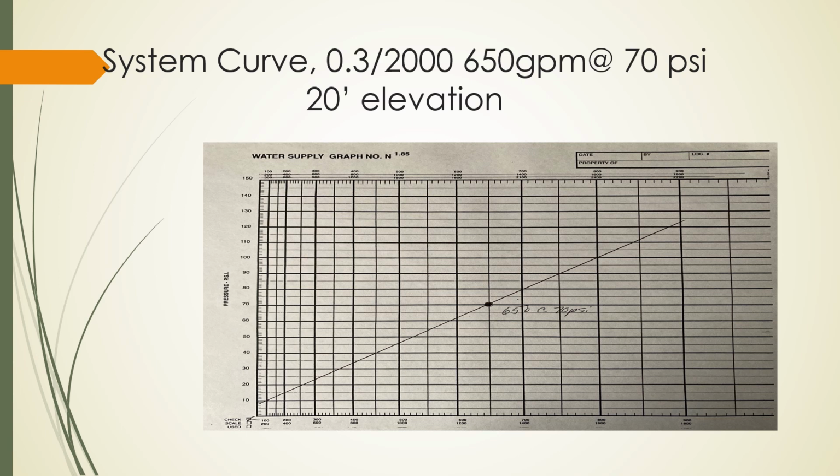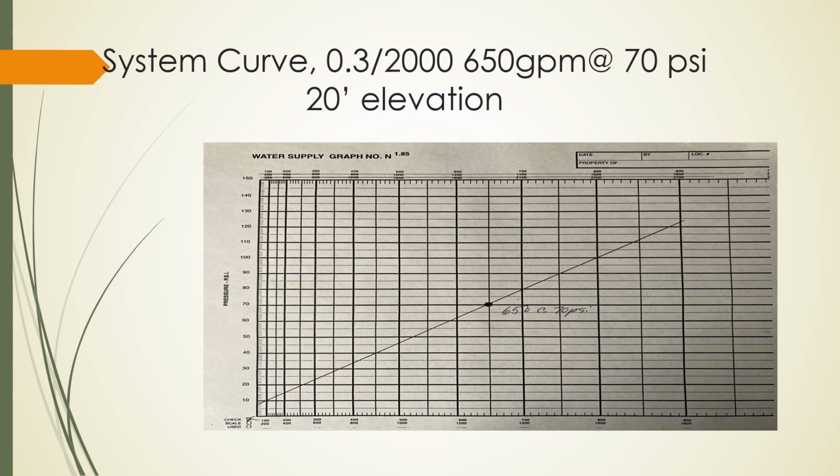There's a couple of things to keep in mind that are important. This system curve is only valid for 2,000 square feet of operation. It's only valid for the operation of those heads that are flowing. If I flow an additional 2 or 3 heads more, that curve is not valid. It's only valid for 2,000 square feet. And it's really best if all the sprinklers are at the same elevation.